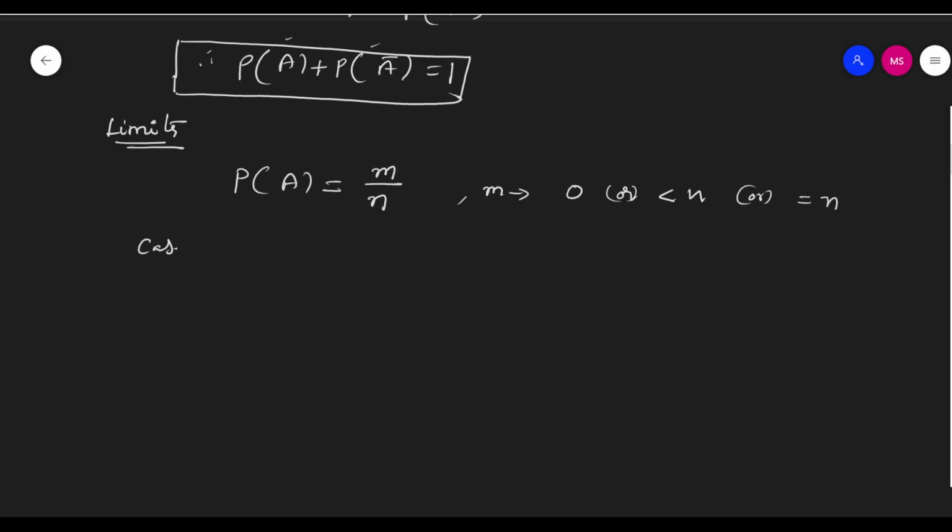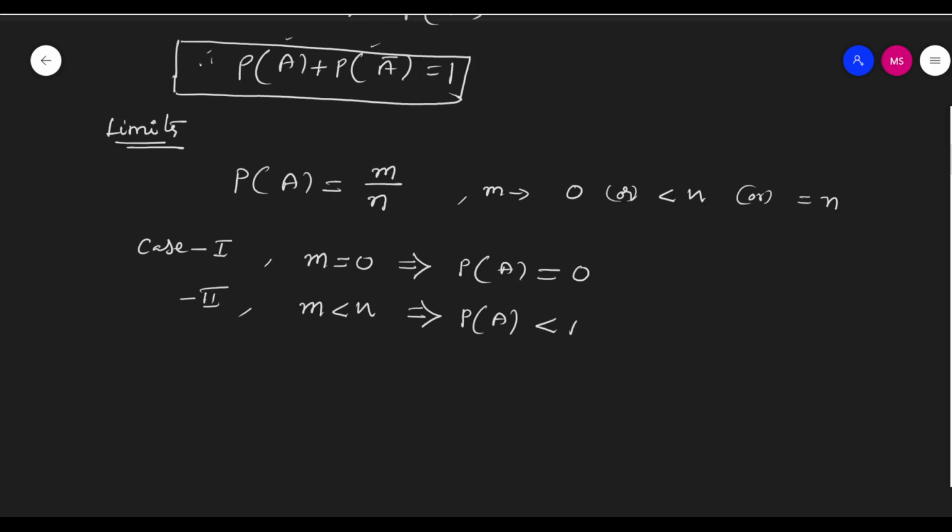Check it. Case 1: if m equals 0, that implies P of A is equal to 0. Case 2: if m is less than n, then P of A is less than 1.